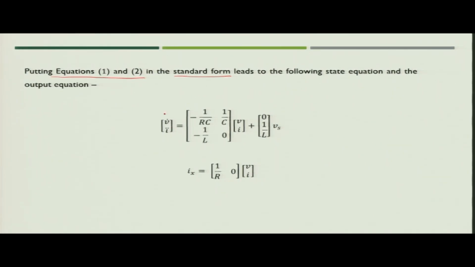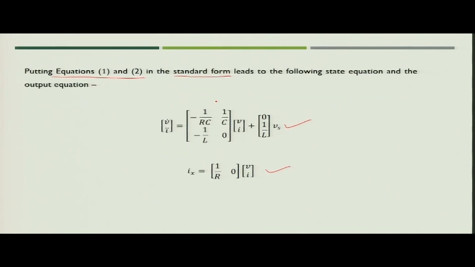On the left we have V dot and I dot equal to the matrix with elements minus 1 by RC, 1 by C, minus 1 by L and 0, multiplied by V and I. When you arrange, you get the state equation. Similarly, Ix is equal to V by R. So, using this you get the output equation.